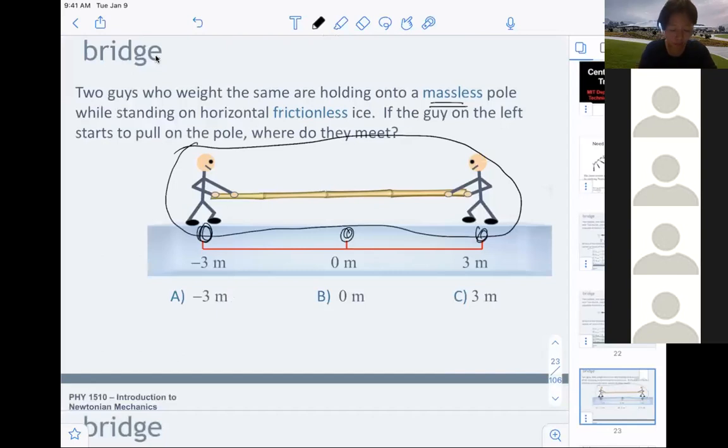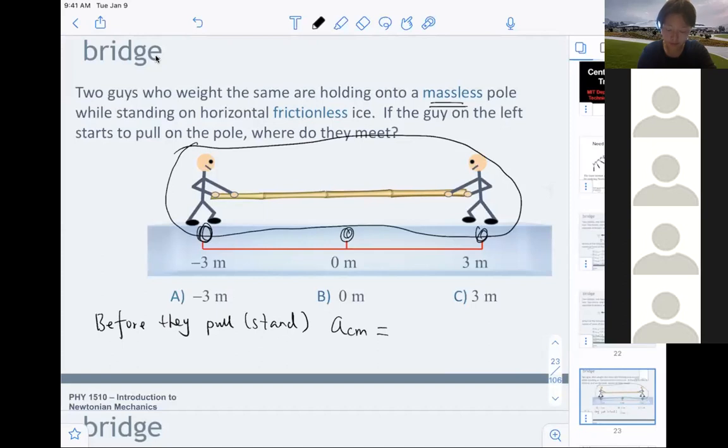Before they were pulling toward each other, they were just standing there. Where is the center of mass of the system? Can you calculate it? Take a look at this system. You have 2 people with the pole. What is the center of mass of that system?